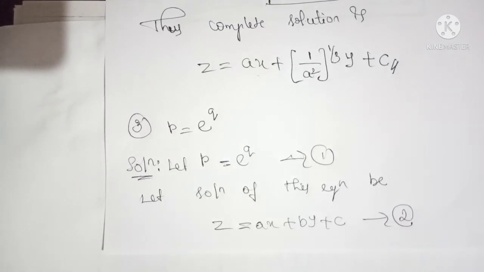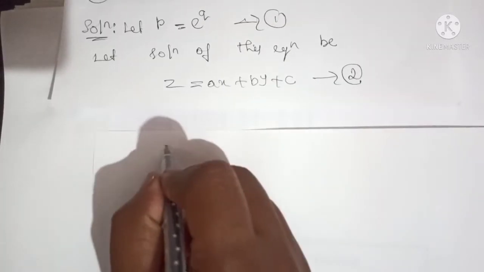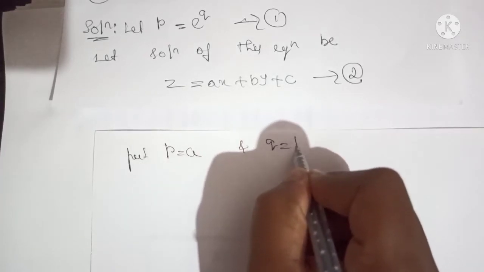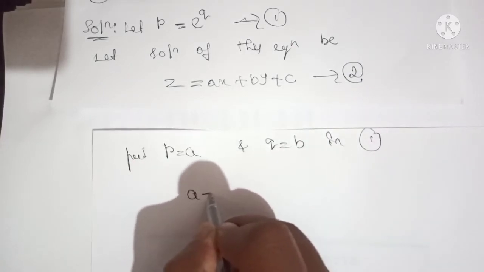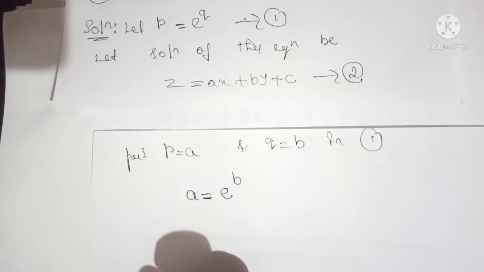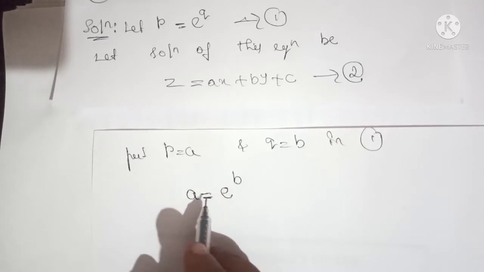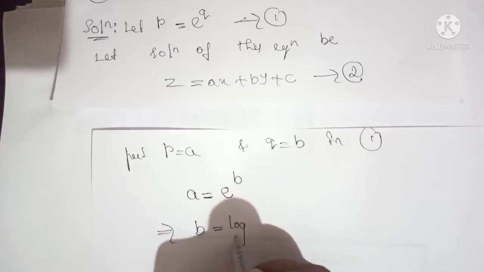Now we replace P by A and Q by B in 1, so that we get A is equal to E raised to B. Taking antilog on both sides, we get B value is equal to log A.